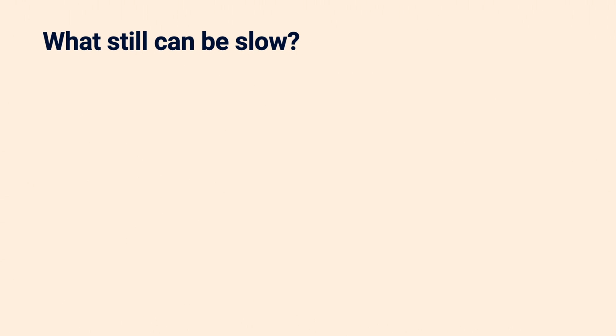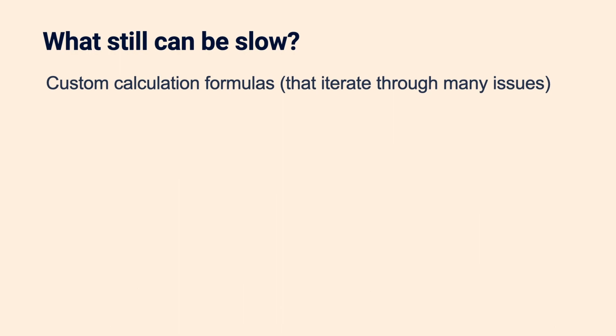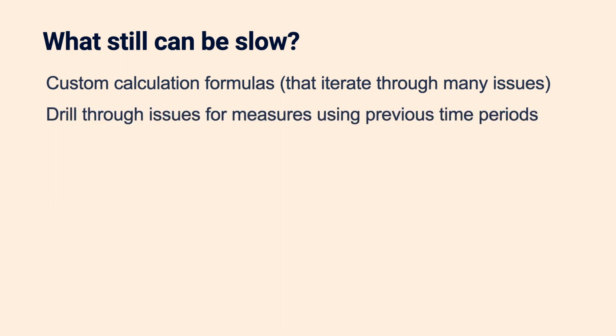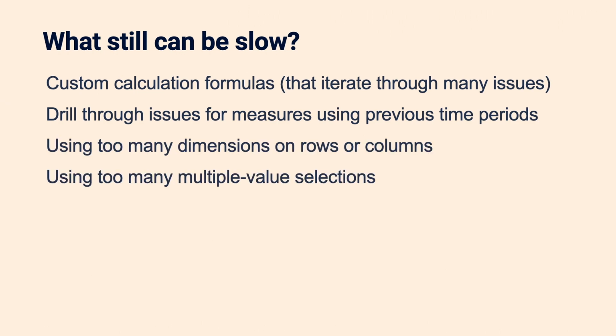But of course, what still can be slow? If you do custom calculation formulas that iterate through many issues, that might be slow, so therefore look at our documentation or write to us and ask for help on how to improve the performance. The same goes for some specific drill-through issue use cases, or using too many dimensions on rows or columns, or multi-value selections.